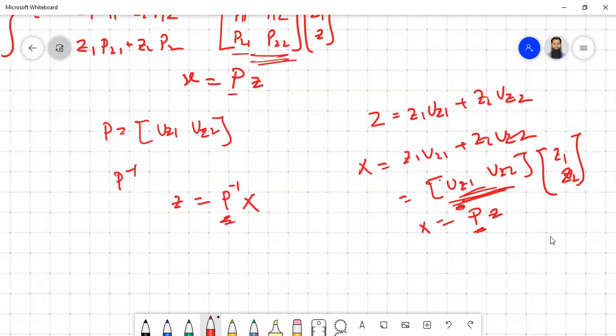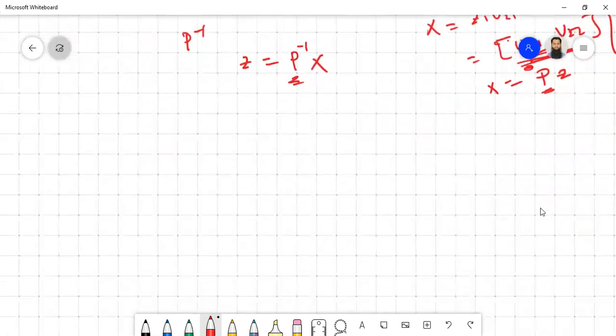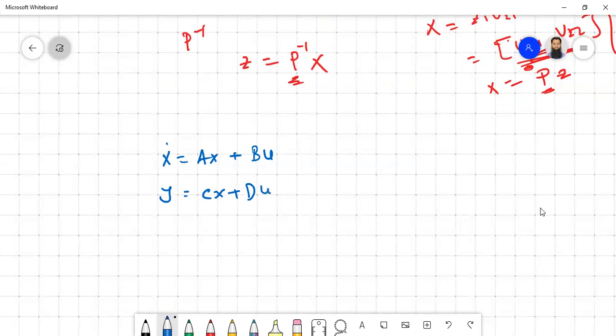Now, we have the state equation, x dot equals Ax plus Bu, and the output equation, y equals Cx plus Du. The new thing we have obtained now is x equals Pz, so x dot equals P z dot.